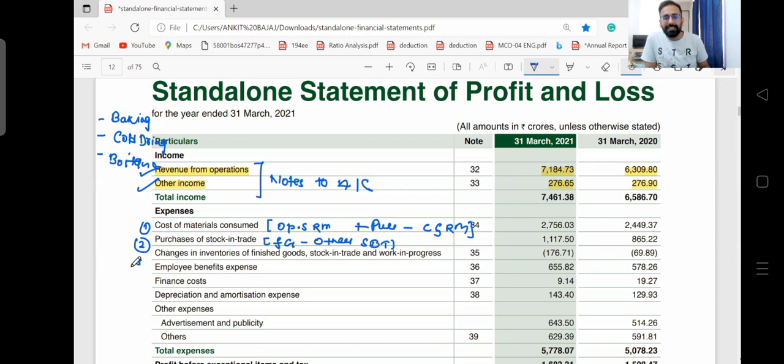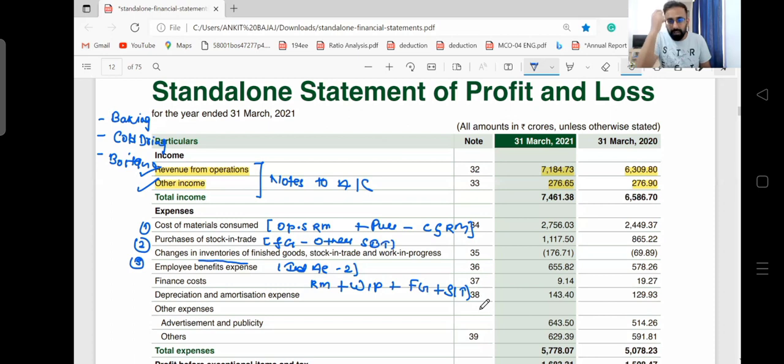Another item is change in inventory of finished goods, stock in trade, and work in progress, right? I have told you that the definition of inventory is given in Ind AS 2. Inventory includes raw material, then work in process, finished goods, and also stock in trade.